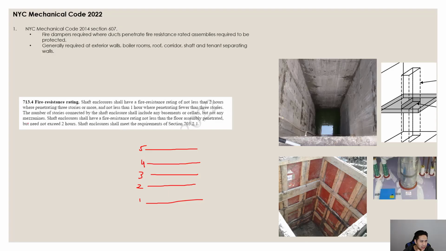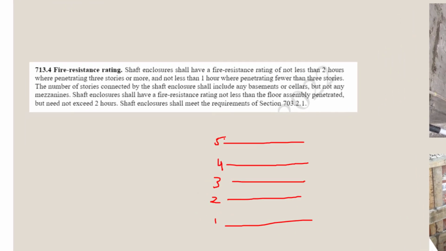So I cut out that section talking about shafts and placed it here, and I drew in basically 5 floors. If we were to draw a shaft that started from the floor of the first floor and extended through the second floor, it's basically just penetrating this one floor, which is labeled as 2.